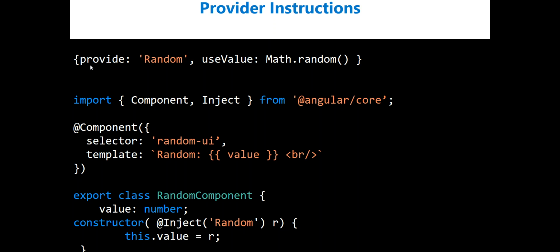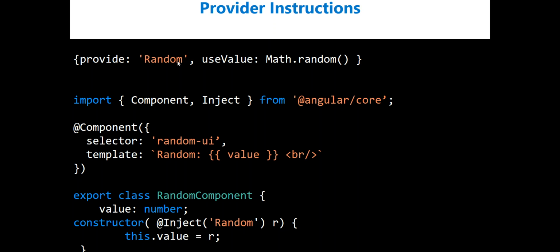One, we can straight away place it inside the component, telling it to provide this particular value in the way of random. So the random will be provided to you.